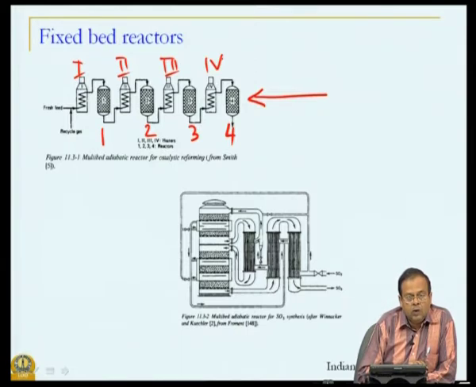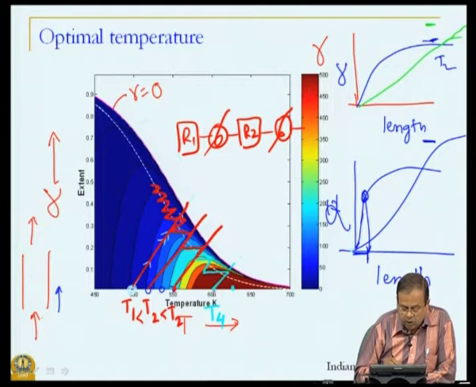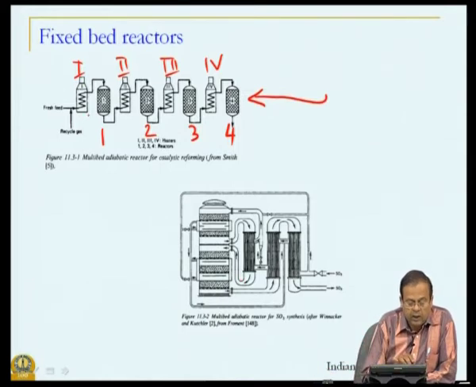So, what am I doing? I am preheating my reactant to a high temperature. Why? Because we just now saw that initially it is better to start with a higher temperature. So, I am preheating it to a higher temperature, sending it to reactor 1.